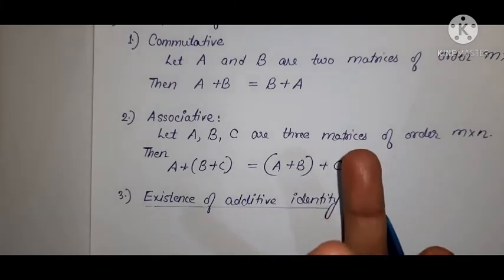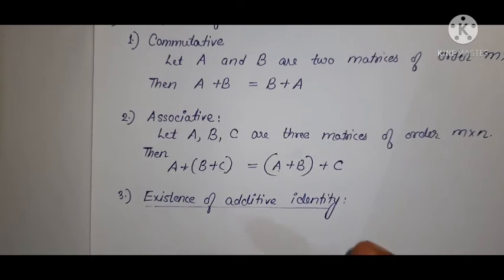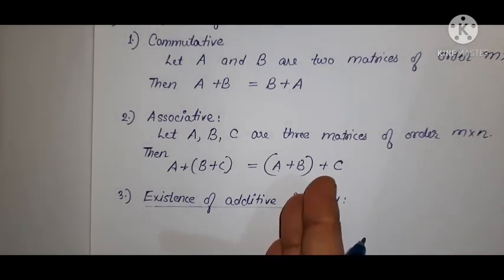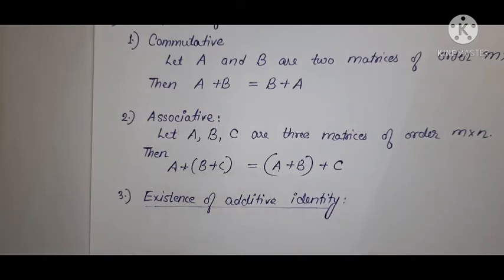It is 0. 0 is for any digit. But here, you have to deal with matrices. So, you should get 0 in the form of a matrix. So, here we denote it by O. This is called 0 matrix, which we learned yesterday in the last video, where all the elements are 0. This is called 0 matrix or null matrix.